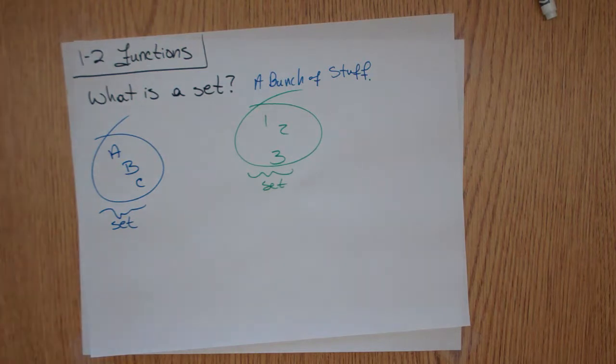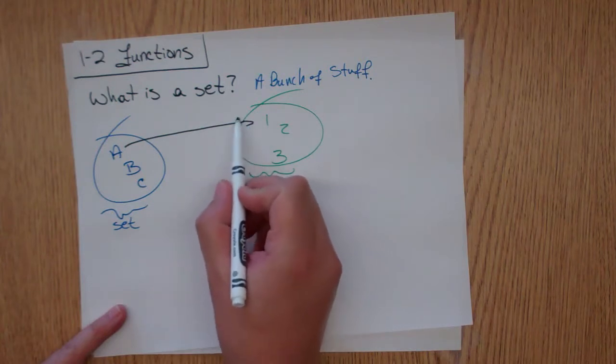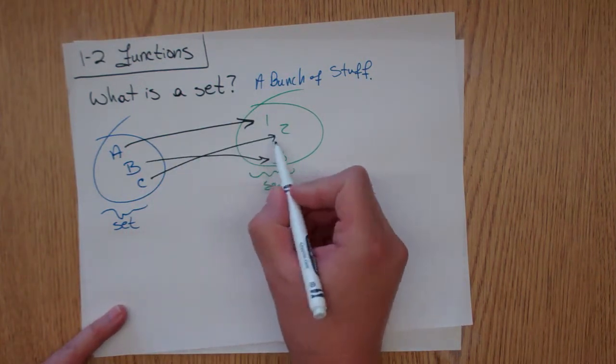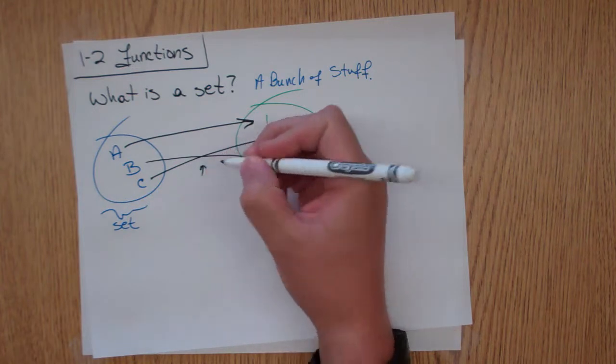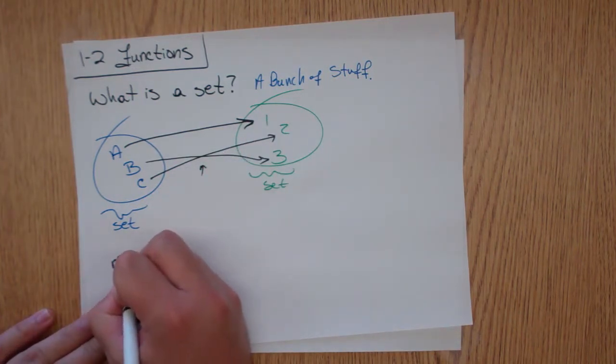Now, what do we do with sets? How do we use them? Well, normally with sets, we take one set and we join it to items of another set. So let's say we join the A and the 1, the B and the 3, and the C and the 2. Now, these arrows here, they actually have a name. That name is called mapping.